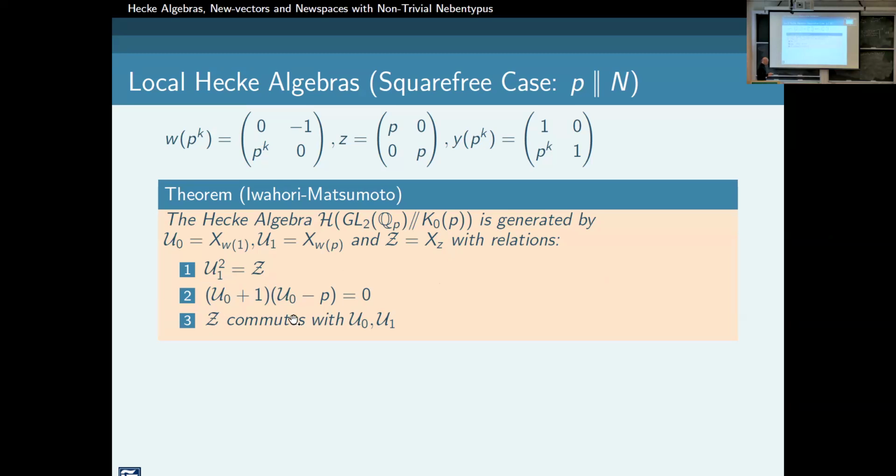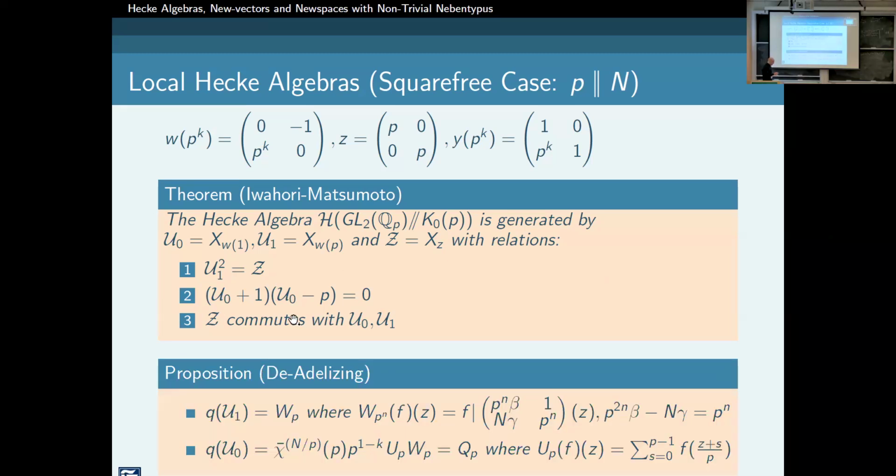And why is that? Well, if you take the de-adelization of U1, if you translate it then to see which classical Hecke operator it is, you just get the well-known Atkin-Lehner involution, which I have just added here. If it's your first time seeing it, I'm sorry for that. You're not going to make out what it is just from this. But it's the Atkin-Lehner involution. It basically is used to lower the level of a form.